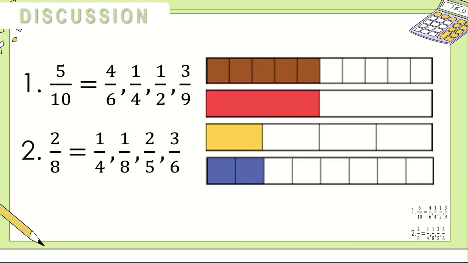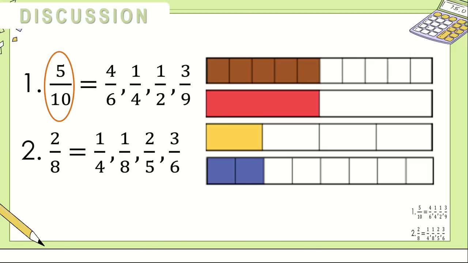Number 1, 5/10 is equal to 4/6, 1/4, 1/2, or 3/9. The second one, we have 2/8 is equal to 1/4, 1/8, 2/5, or 3/6.